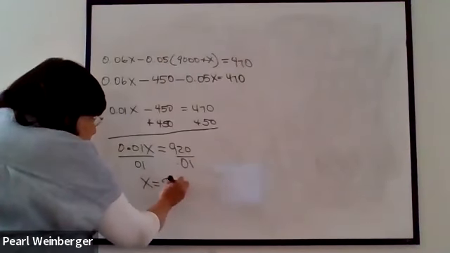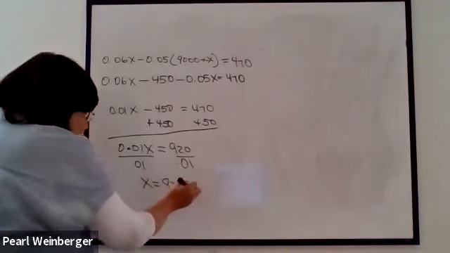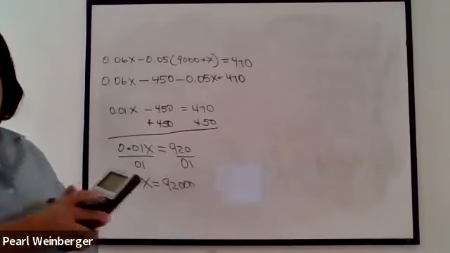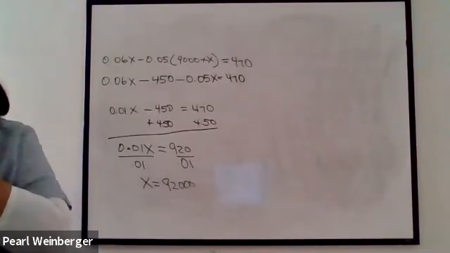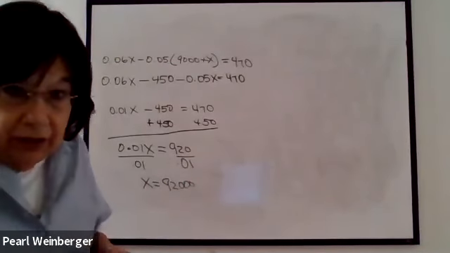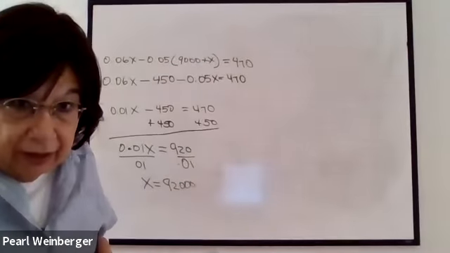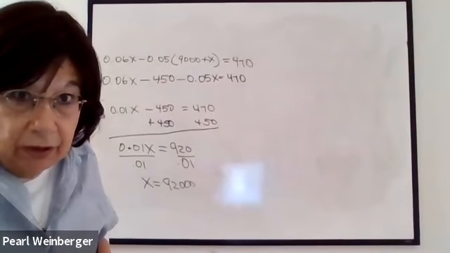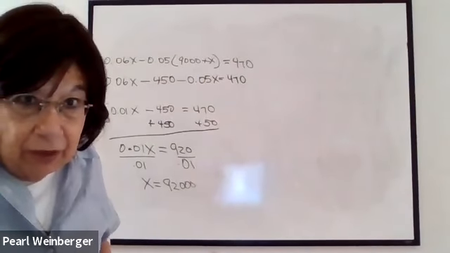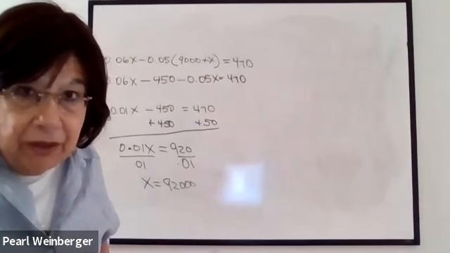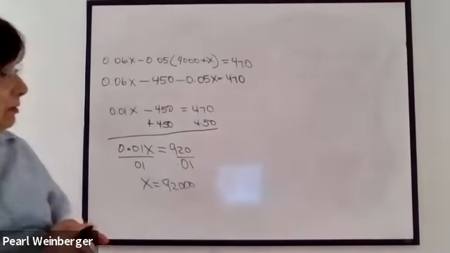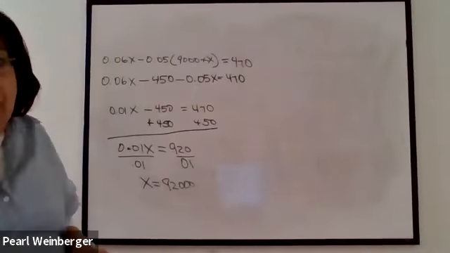And if you notice, it's easy to make a mistake on the decimal. If you use your calculator, you're much less likely to make an error. Okay, I see everybody who gave me the answers did come up with 92,000. Great. So that's how you do it.